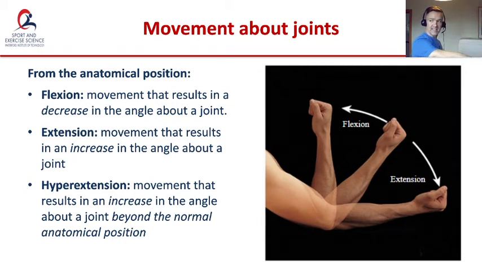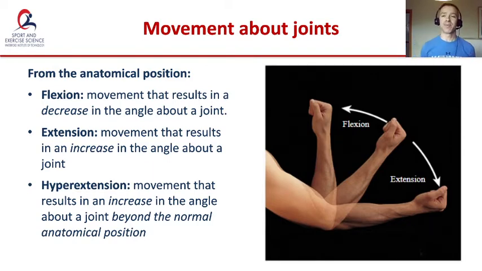If I extend my arm back down to the anatomical position, that's extension. And if I bring my arm behind me, I'm now hyperextending the shoulder joints. So flexion brings the arm up in front of you, extension brings the arm back down to the anatomical position, hyperextension brings the arm back behind you.